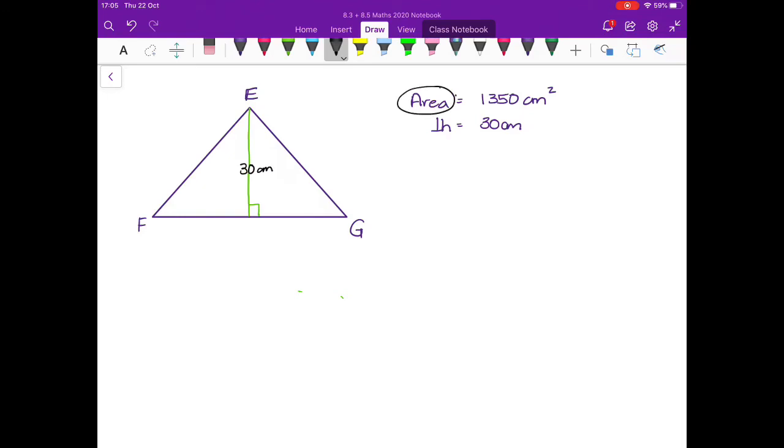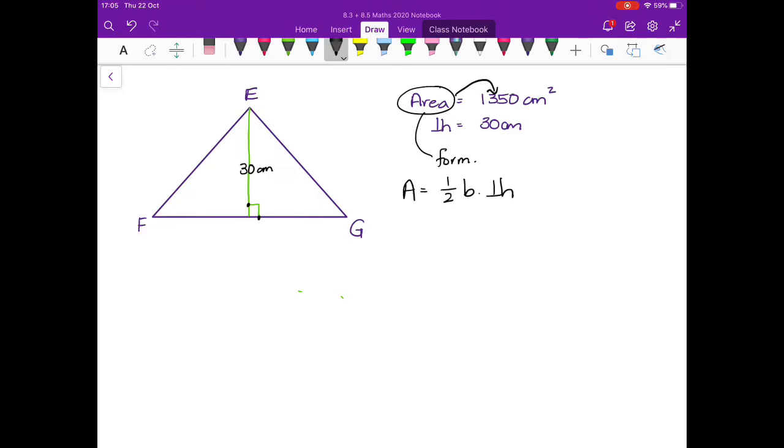Now remember, area over here has a value, but it also has a formula. Okay, and the area of a triangle is half base times perpendicular height. Right, the right angle grabs the two sides that you have to multiply together.